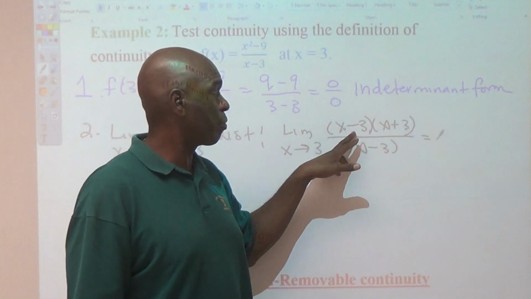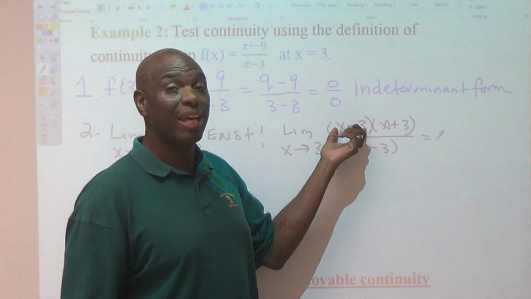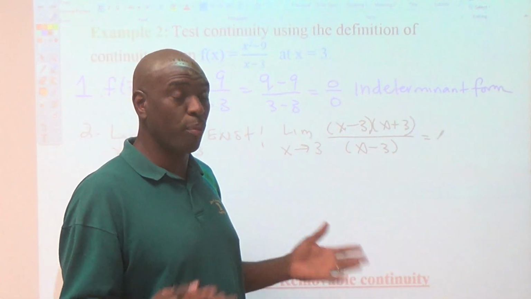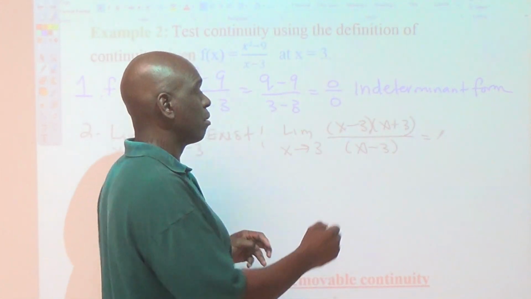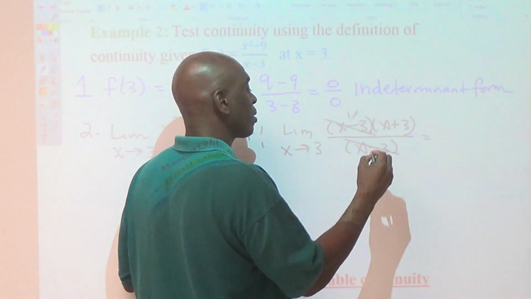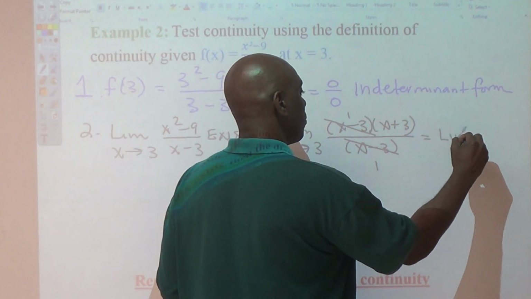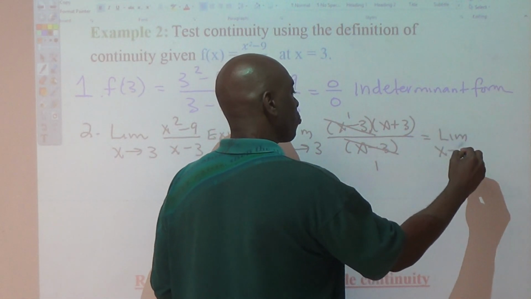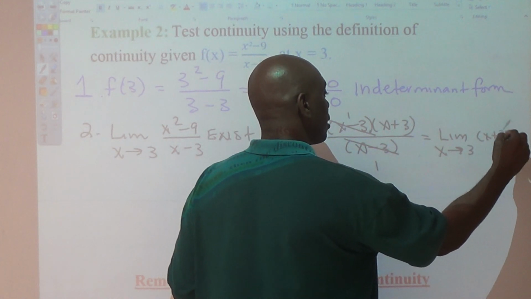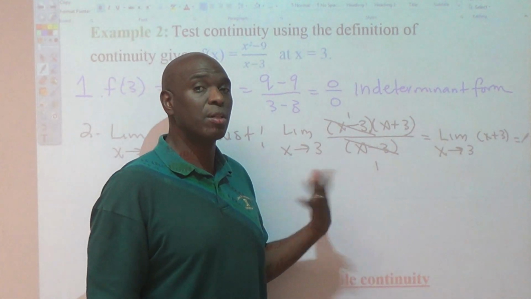The binomial in the numerator cancels the binomial in the denominator, or better yet, they divide to 1, and we're left with x plus 3. So we now have the limit as x approaches 3 of x plus 3. And what does that equal? Once we do direct substitution, we get a value of 6.